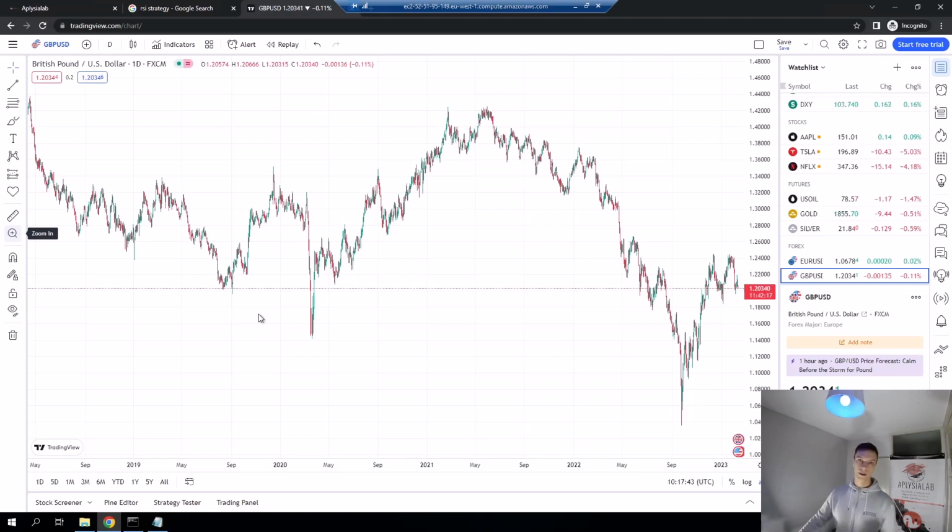I actually thought I'd check the chart after this back test and just see, and of course I completely forgot it was Brexit in 2020, so we had this ridiculous spike down, and that's why the results looked the way that they did.